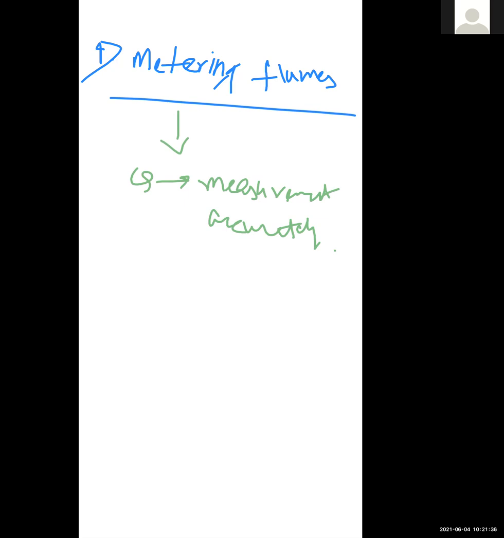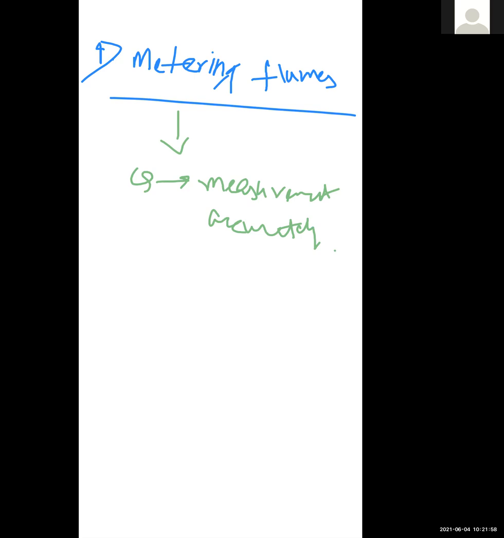There are different types of metering flume. First is the Venturi flume, also known as a non-modular or drowned flume. Second is the standing wave or modular flume. Let's see the Venturi flume. Venturimeter is also used for discharge measurement.